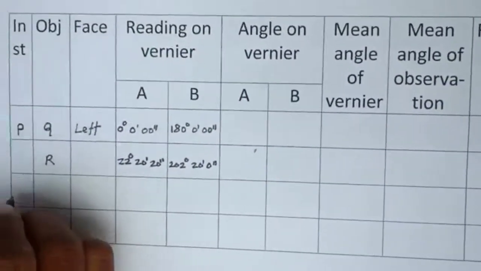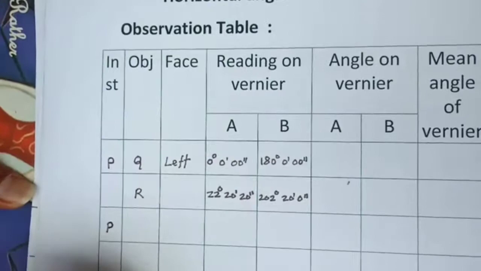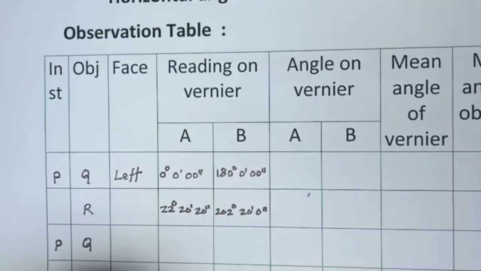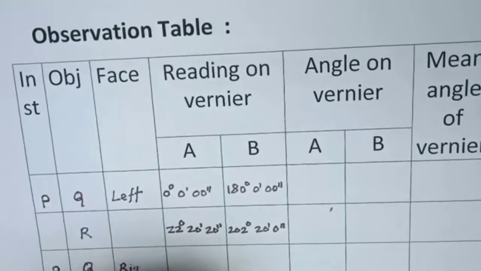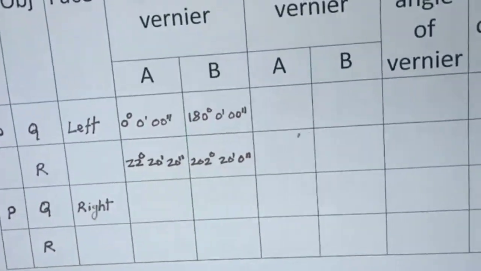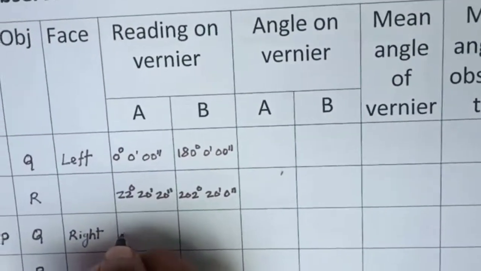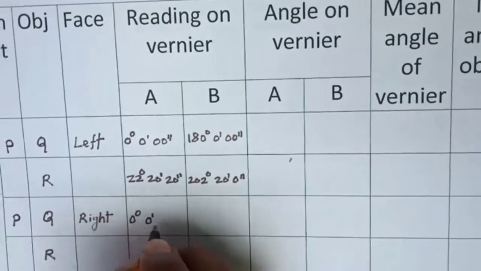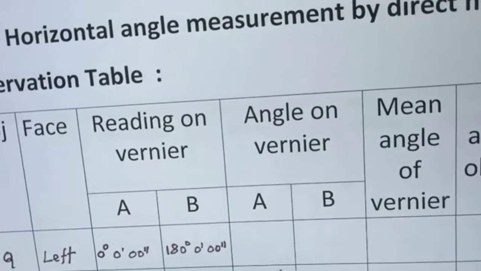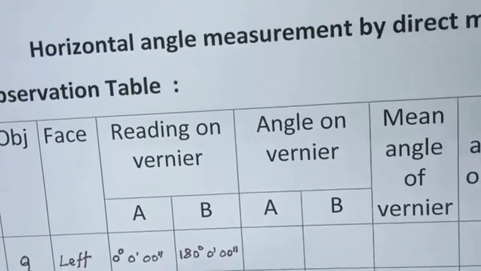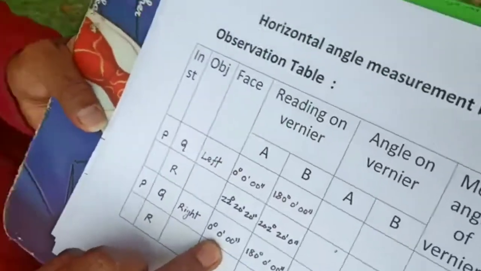So again here instrument station P, our objects Q, R, this time face right. At A 0 degree, 0 minute, 0 second, and at B 180 degree, 0 minute, 0 second, because we already set this reading. We loosened the lower clamp, so there is no change in reading.